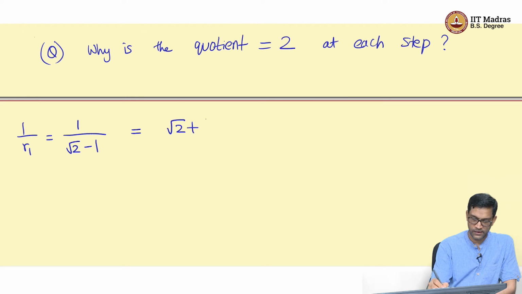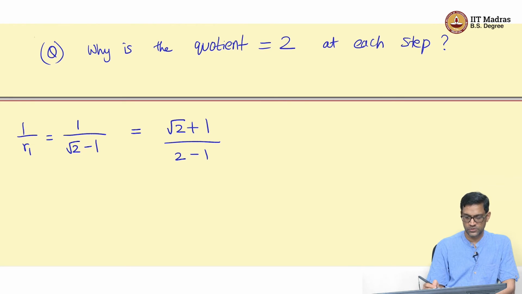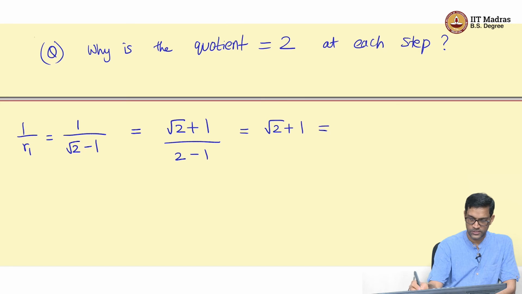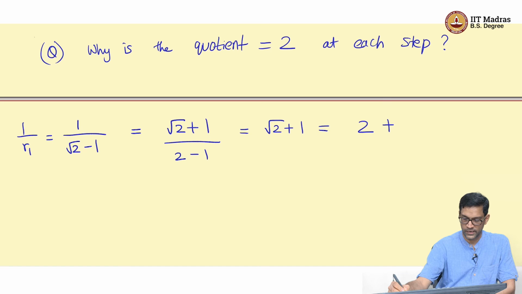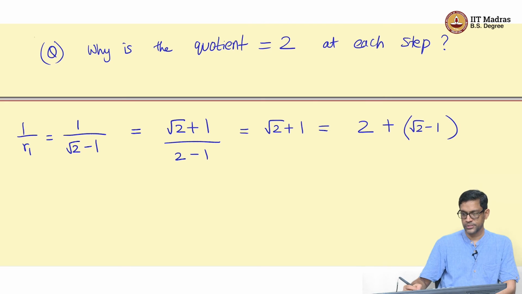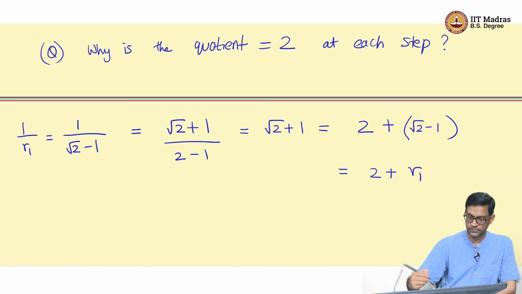I can just multiply and divide by root 2 plus 1, and I get root 2 plus 1 over root 2 squared minus 1 squared. So that's just root 2 plus 1. Now root 2 plus 1, what's the whole number here? It's 2, and the remainder is just root 2 minus 1. So observe that 1 by R1 is just 2 plus R1.